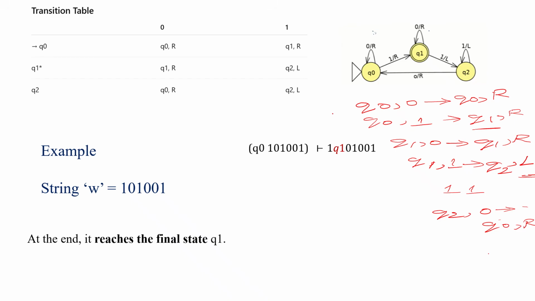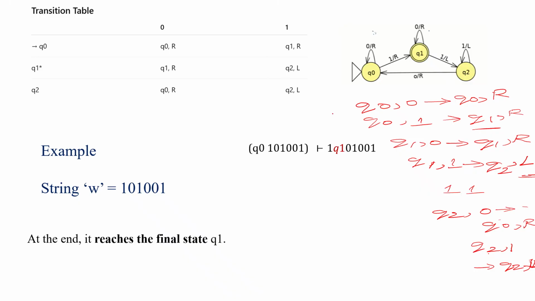Now, when Q2 reads 1, its state is Q2 itself, and the direction is L, because the direction changed from R to L, but it remains in the same state.